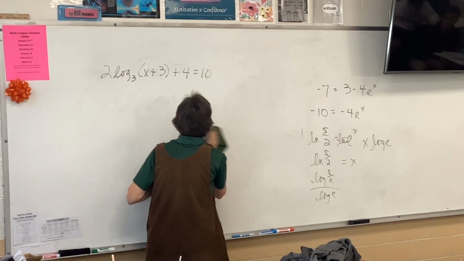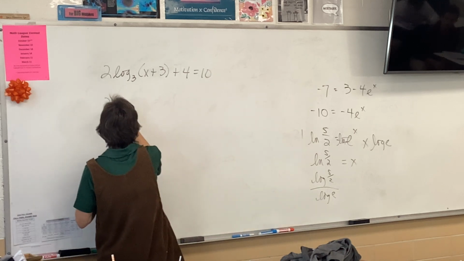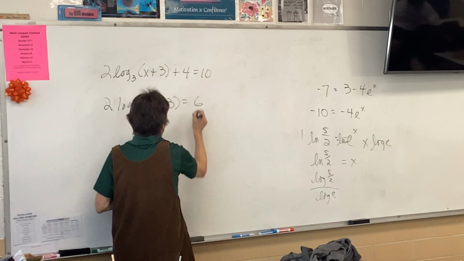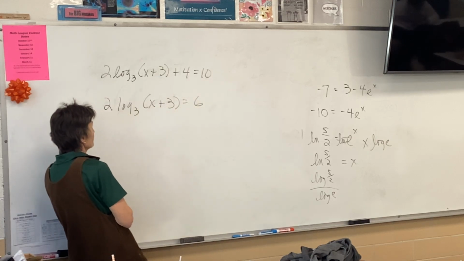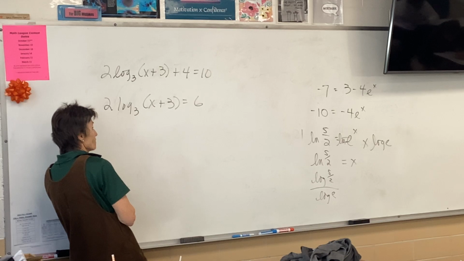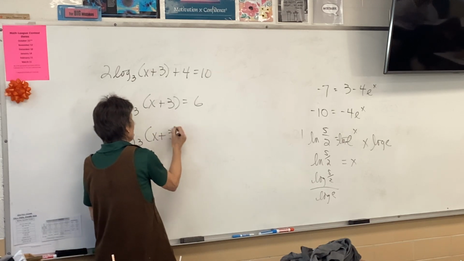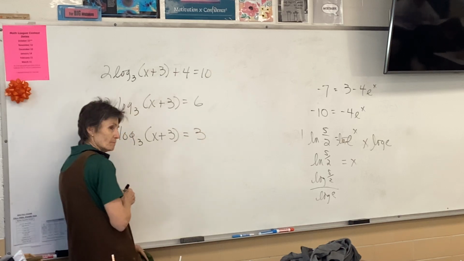Subtract. All right, so 2 log base 3 of x plus 3 equals 6, okay? Divide, so log base 3 of x plus 3 equals 3.